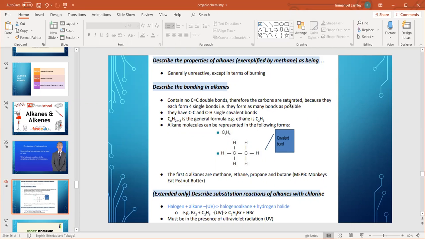The alkane molecule can be represented by the molecular formula C2H6. We could have the displayed formula where we show the actual number of carbons and hydrogens, and we show the covalent bonds. What you should know is that the first 4 alkanes are methane, ethane, propane, and butane.